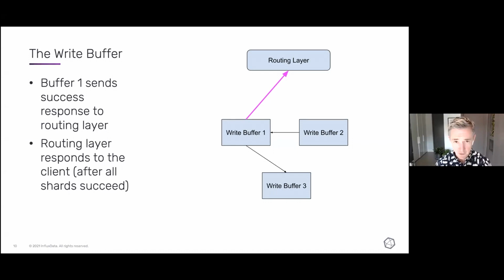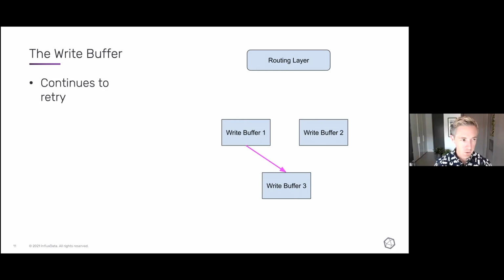Now, the one thing I should say is if you have many shards and the write is broken up across multiple shards, the routing layer will not respond successfully until each of those shards has accepted the write. That means a quorum in each shard has accepted the write. Separately, WriteBuffer 1 is still trying to replicate that write to buffer 3, and it's just going to continue to retry that.